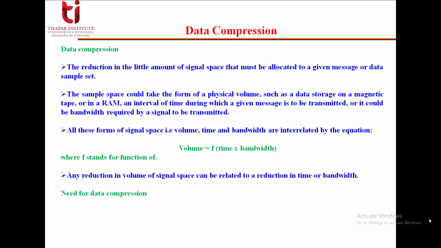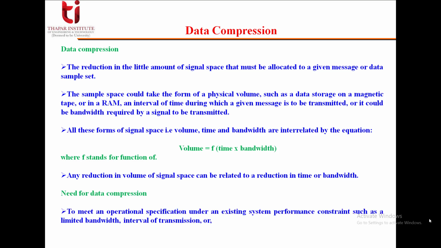Now, what is the need for data compression? To meet an operational specification under an existing system performance, such as limited bandwidth, interval of transmission, etc. It can also be to save cost in the operation of the system.